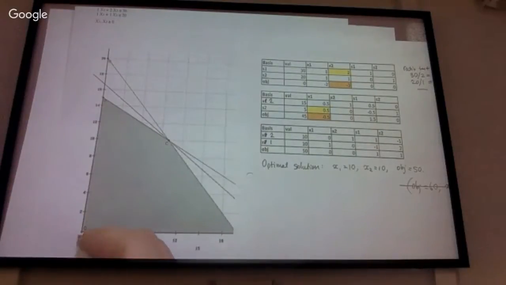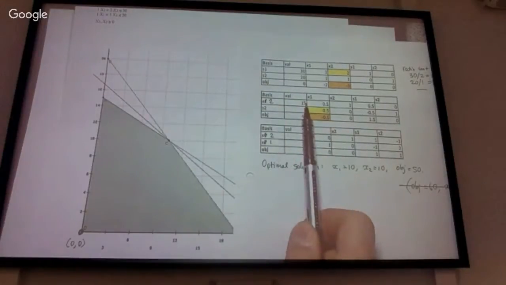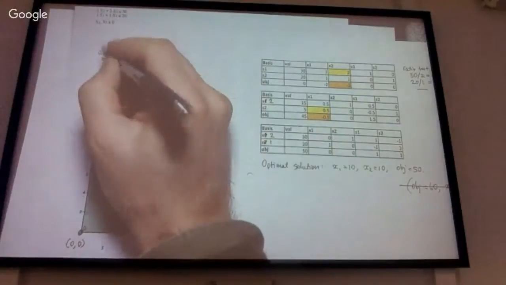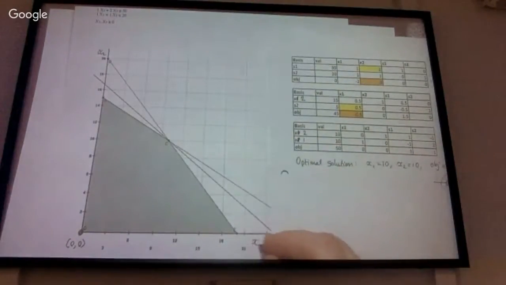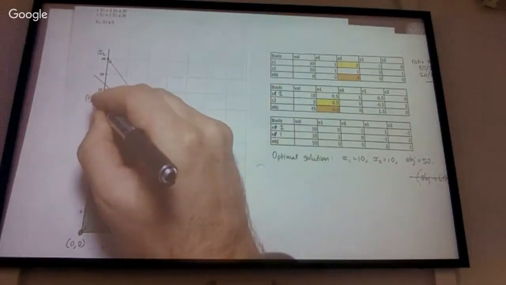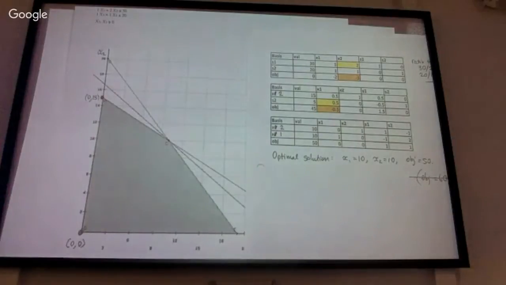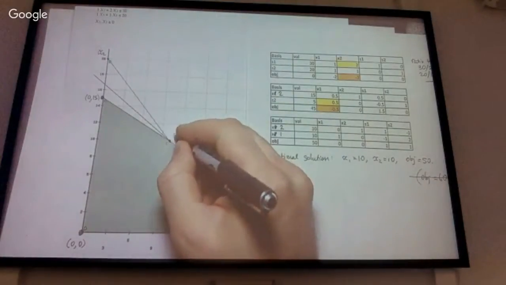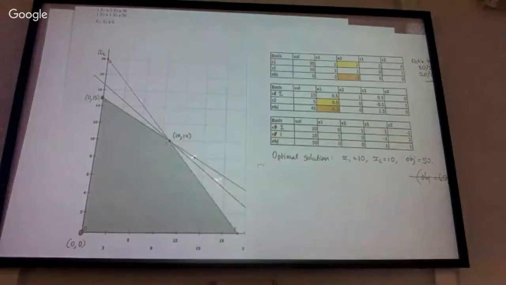So that's the point with both coordinates 0 in the bottom left corner. In the second solution, x2 is 15. x2 is the vertical axis and x1 is the horizontal axis, so we get the point with coordinates 0 and 15, in that corner over there. And then the final solution is where both x1 and x2 are 10, and that's this point C.